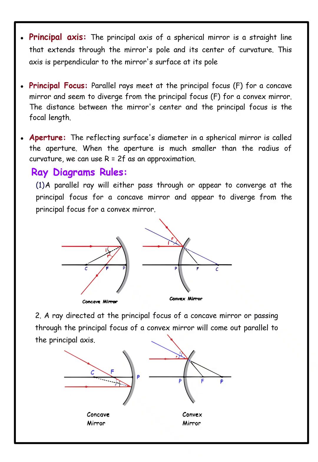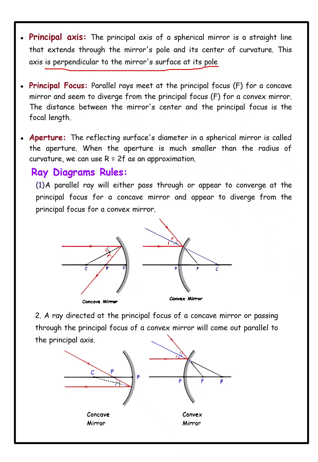Some more terms which we have to learn. The principal axis, as you saw on the previous slide, is a straight line that extends through the mirror's pole and its center of curvature. This axis is perpendicular to the mirror surface at its pole.